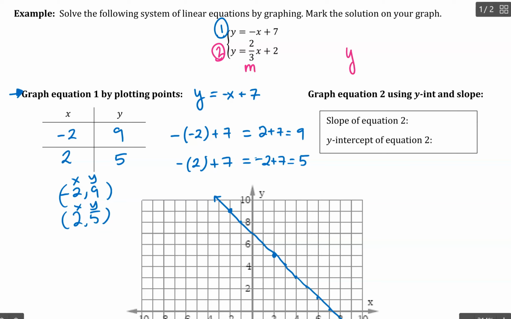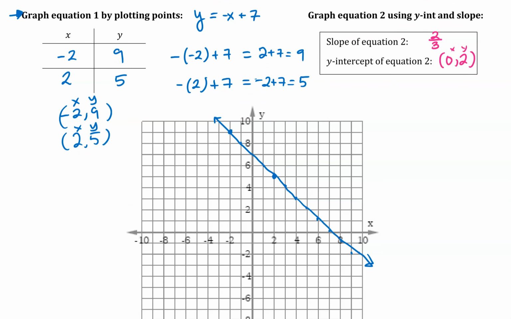Sometimes you see this as y equals mx plus b, where m is the slope and b is the y-intercept. So our slope is +2/3, and our y-intercept is that point 2, which if we write it as a coordinate point is 0, 2, or x, y.